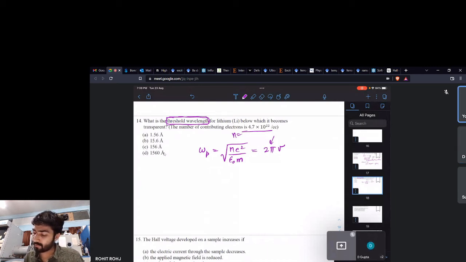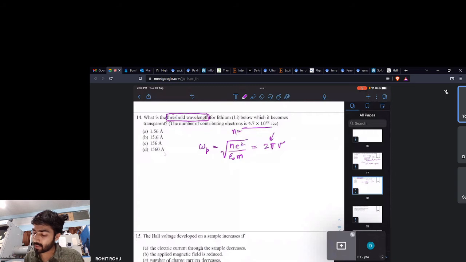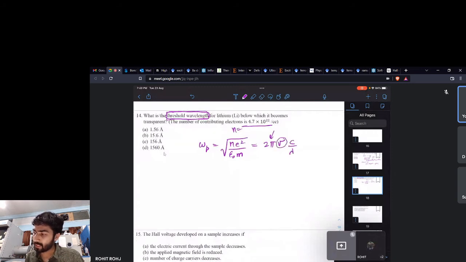So if you change the frequency to speed of light by lambda and solve this part, n given to us is 4.7 into 10 power 22 per centimeter cube, and converting into meter cube gives a factor of 10 power 6.